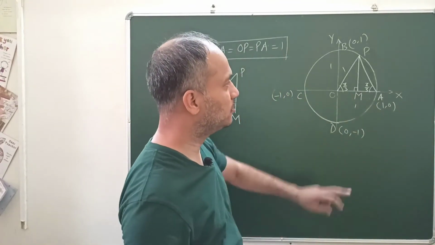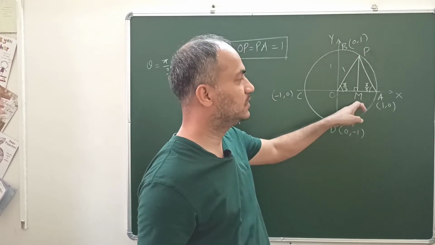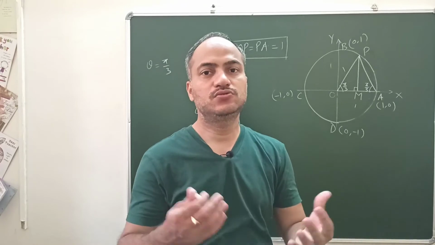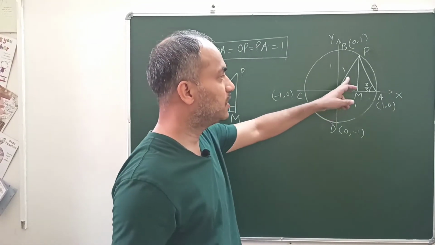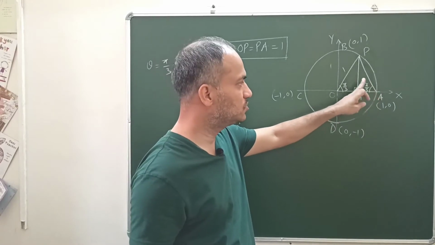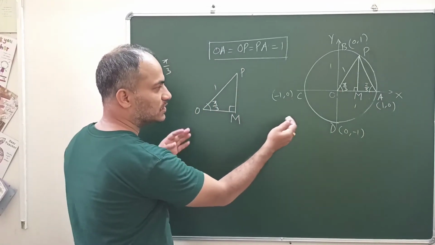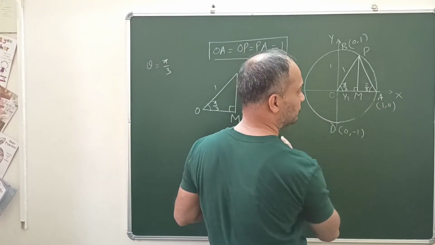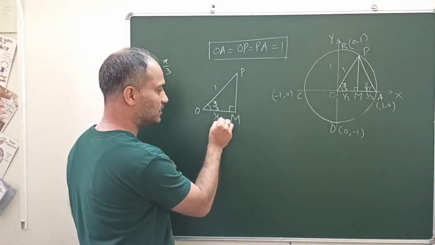When we draw a perpendicular in an equilateral triangle from any vertex, this perpendicular divides the opposite side into two equal halves. We know this is a theorem, okay, and we can prove it by congruency also. By congruency of these two triangles, we can prove this result also. So this OA is actually 1 and this OM will be equal to half. So OM we have come to know it is half.